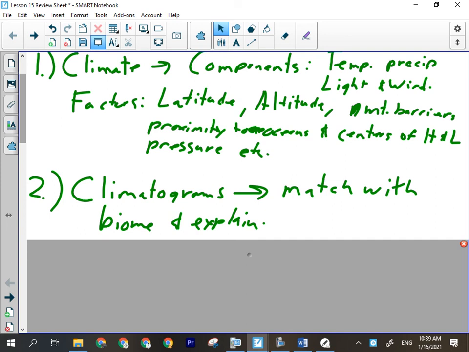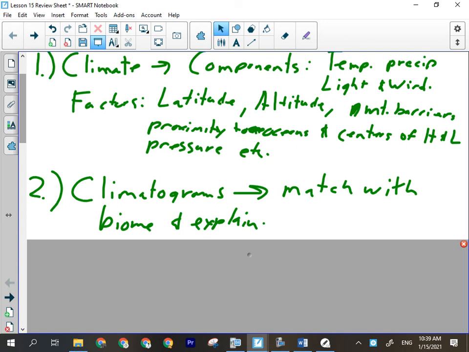There would be no distinct seasons here. That's a 5 out of 5 answer. We talked about all of the stuff that was on the climatogram and why it supports it being a tropical rainforest. You didn't just say, rainforest, hot, wet. Everyone follow the difference?